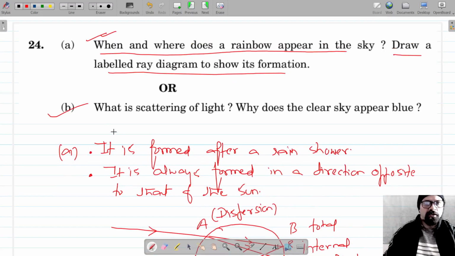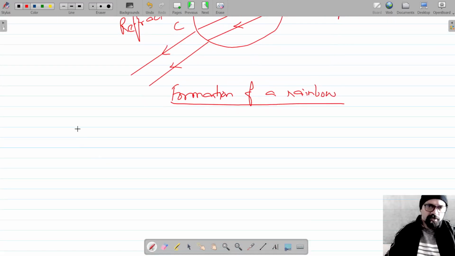Okay, now next is what is scattering of light. So we know that when light enters the air, there are particles of different sizes, and the very large size particles or the molecules, which we also call the colloidal particles, scatter the light in different directions and change the direction of propagation of light.